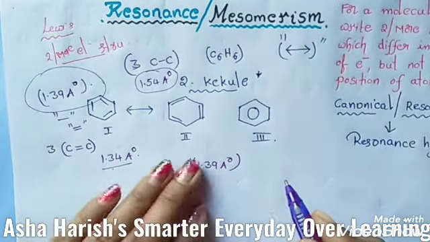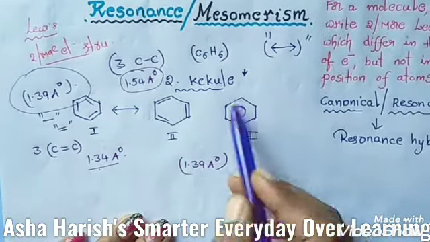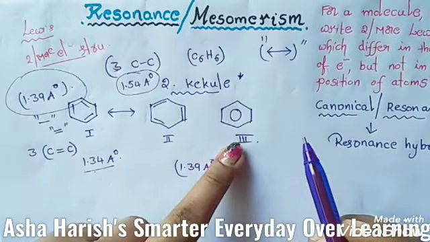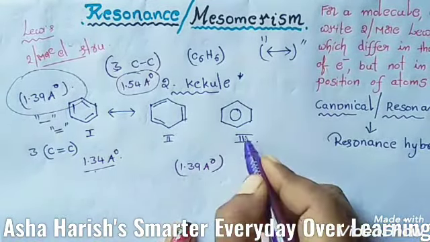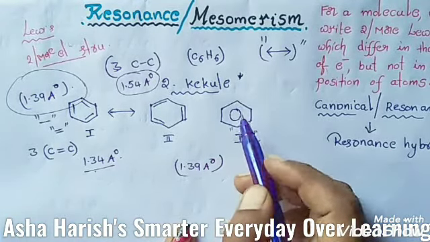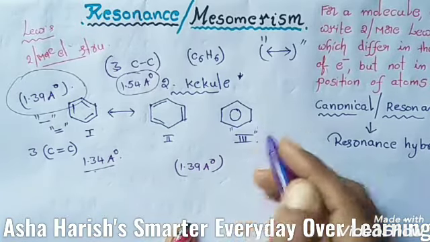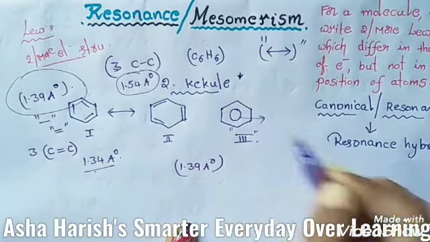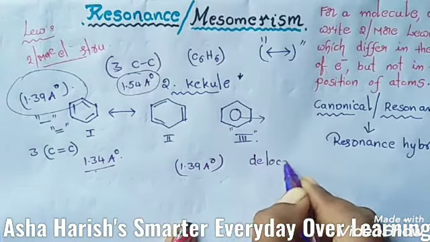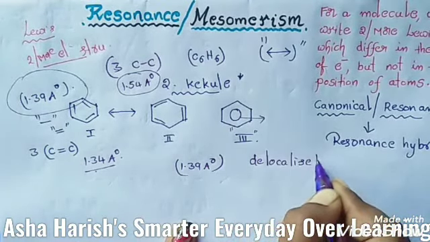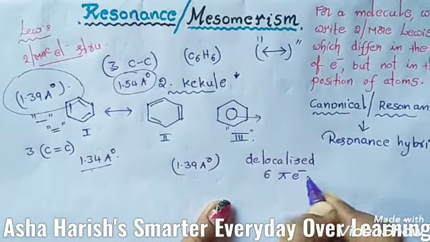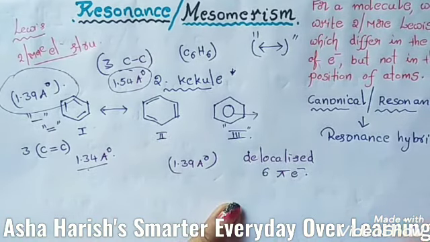The resonance hybrid, or actual molecule of benzene, is usually represented by formula 3. The circle inside the ring denotes completely delocalized 6 pi electrons.